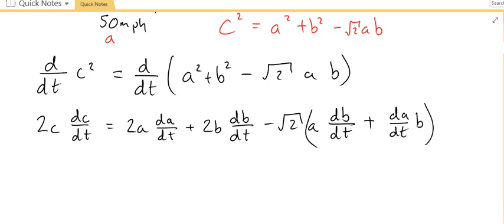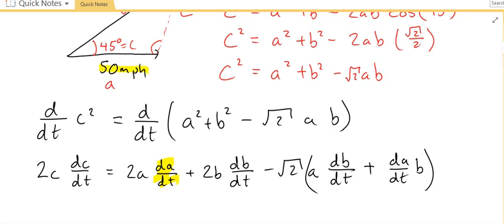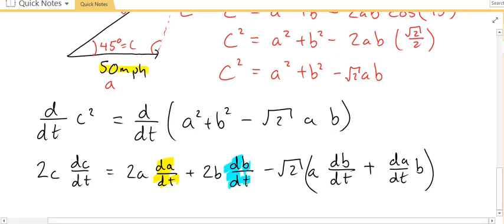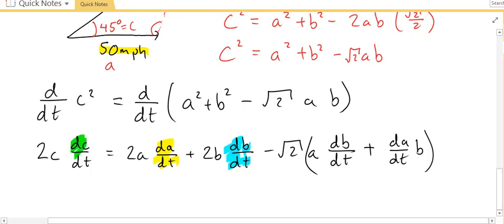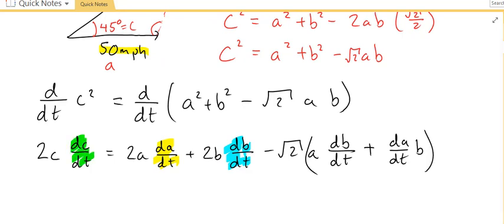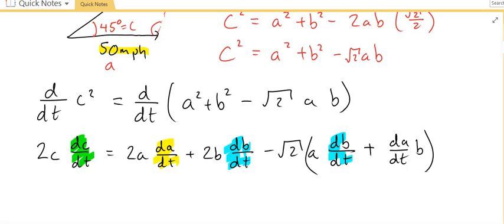Now we are close to a position where we can answer this. Things that we were given based on the setup: dA/dt is this 50 miles per hour, dB/dt is our rate of change along there, and the thing that we actually want is dc/dt. So that means we need to use the information that we are given to figure out the remaining things.